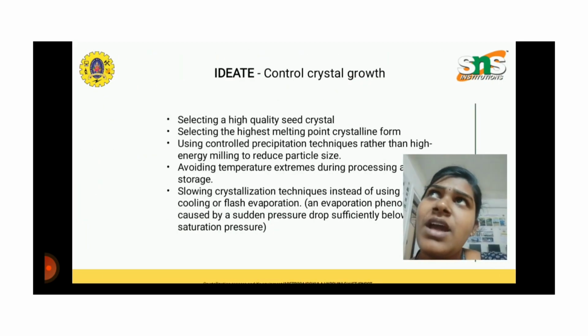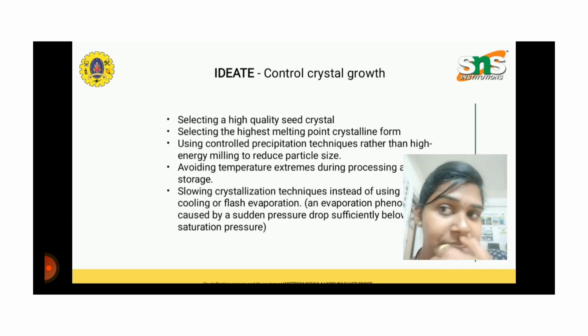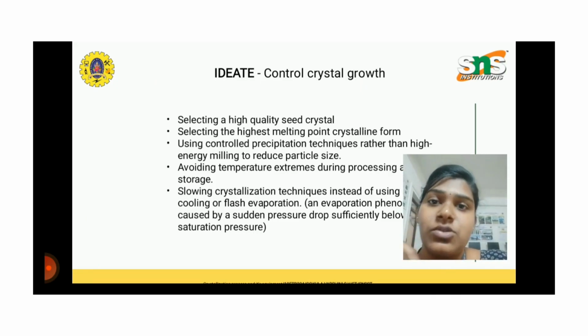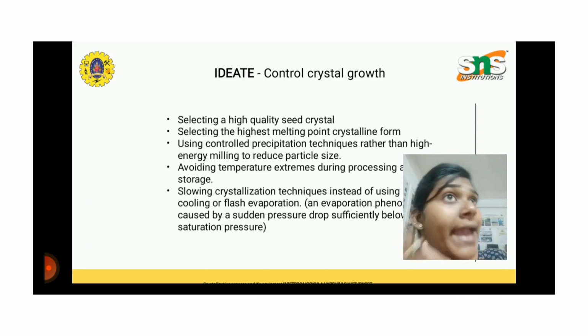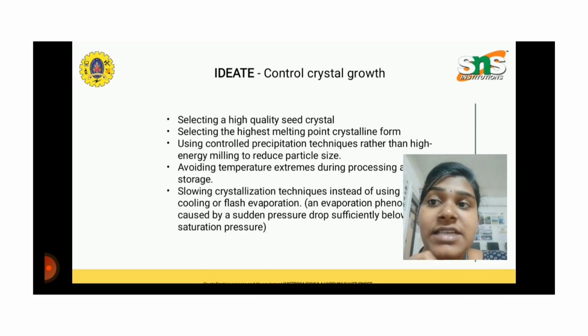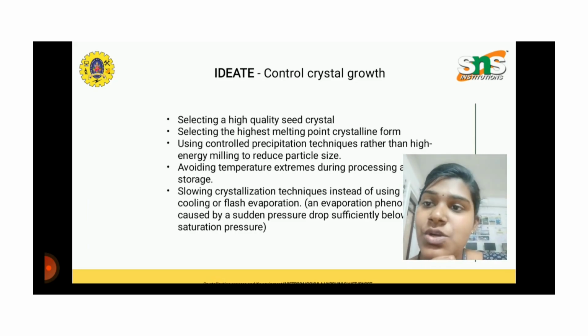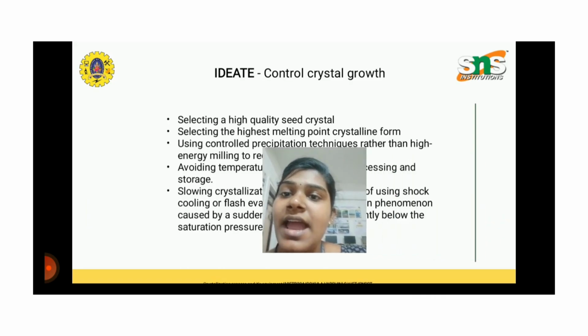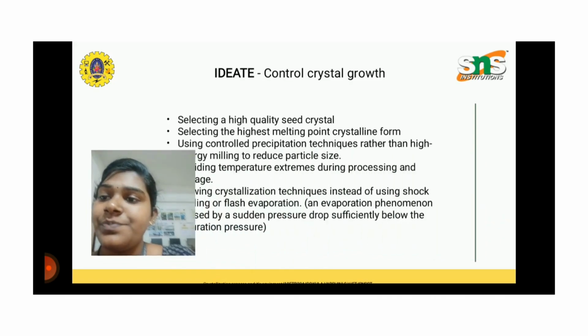So what will be our ideate? First, we should control the crystal growth. How can you control the crystal growth? By selecting a high quality seed crystal, selecting the highest melting point crystalline form, using a controlled precipitation technique rather than high energy milling to reduce the particle size, avoiding temperature extremes during processing, and proper storage conditions.